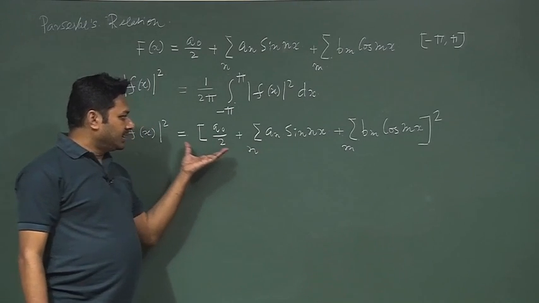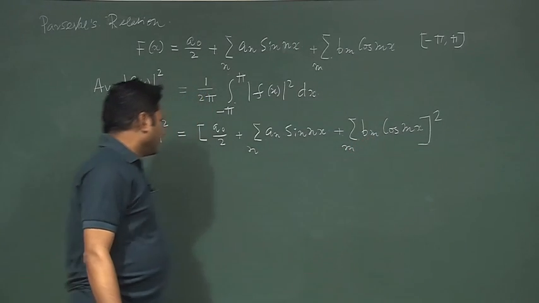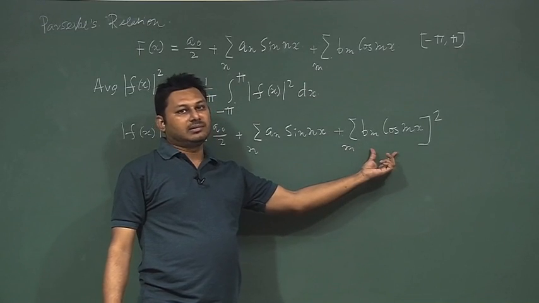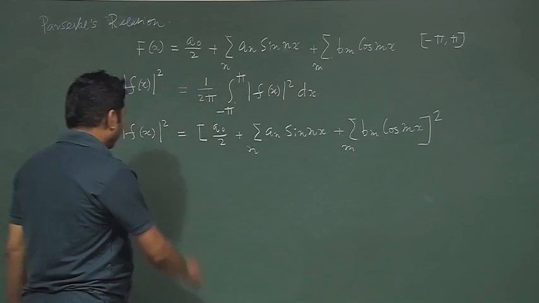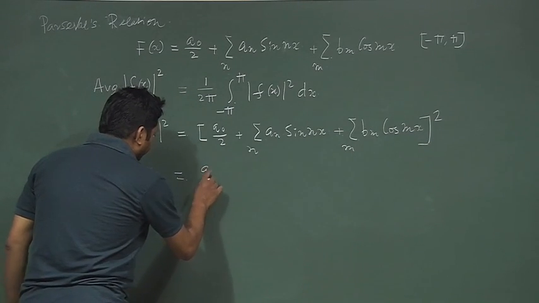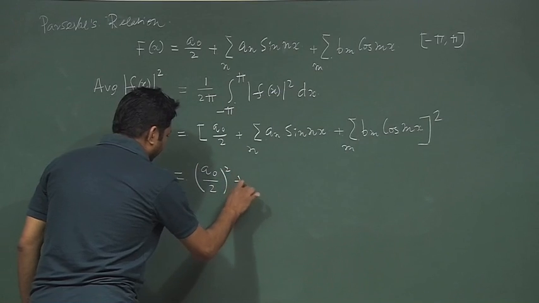Now, if I make the square of this quantity, it should be something like a plus b plus c. If you consider it like this, then you will have some term squared.